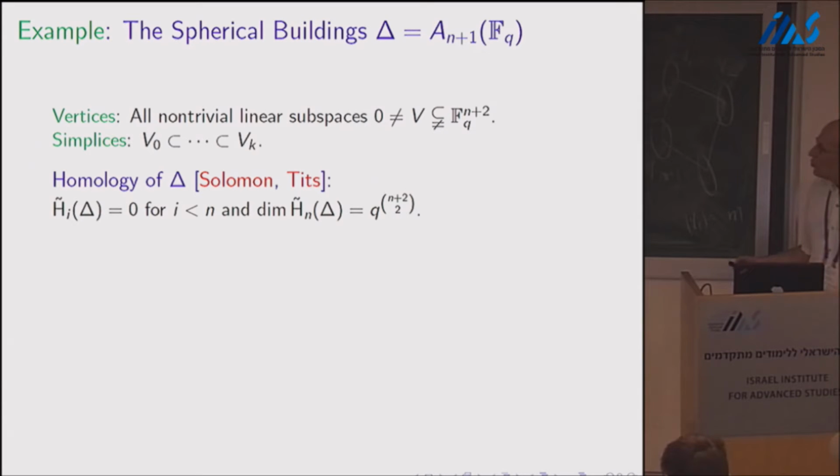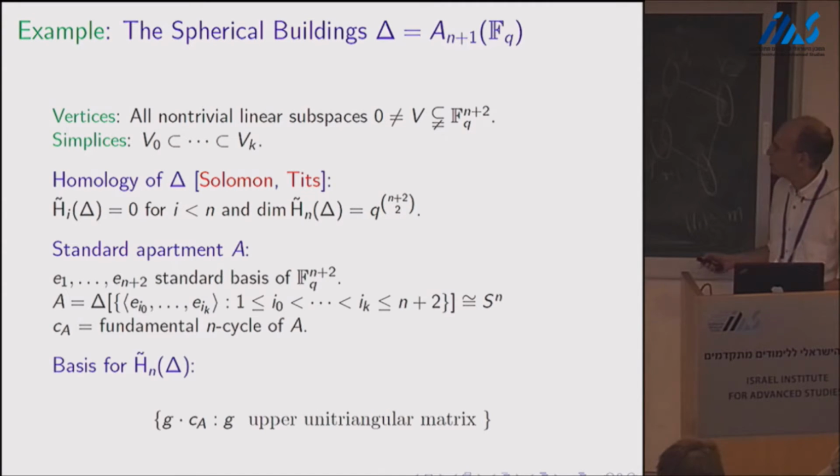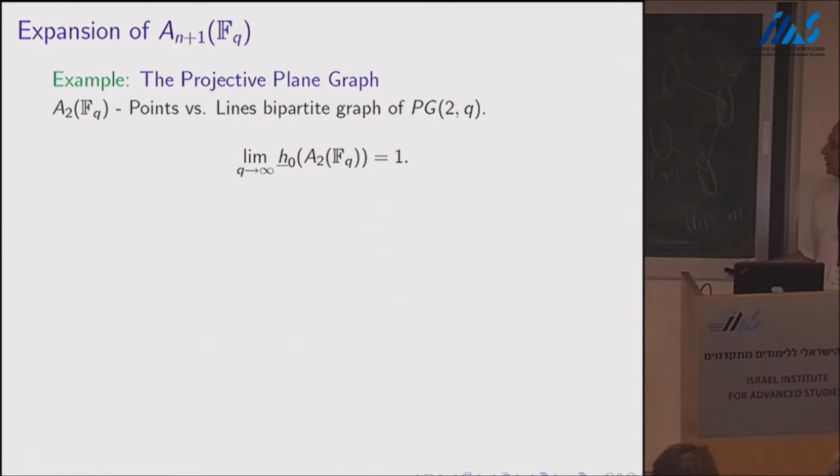And a well-known theorem of Solomon and Tits says that the homology of this building is again trivial up to the top dimension, and this is actually the homology. And the question is, in view of this result, what can you say about the expansion of this building? And the answer is that actually it is expanding.